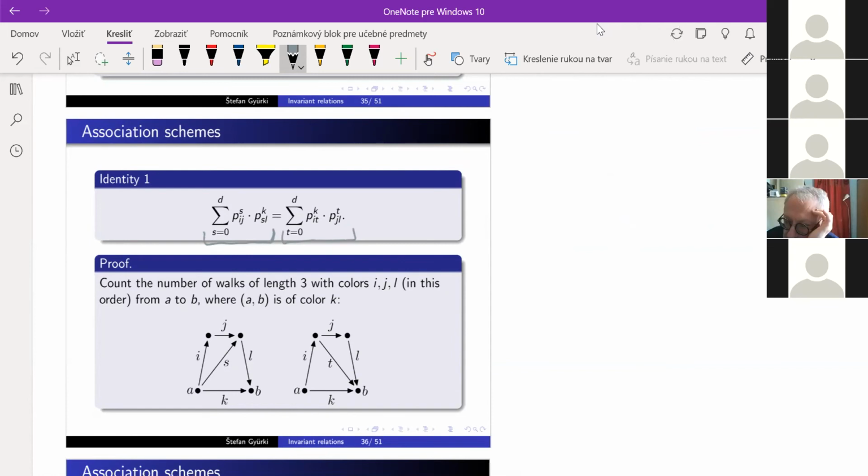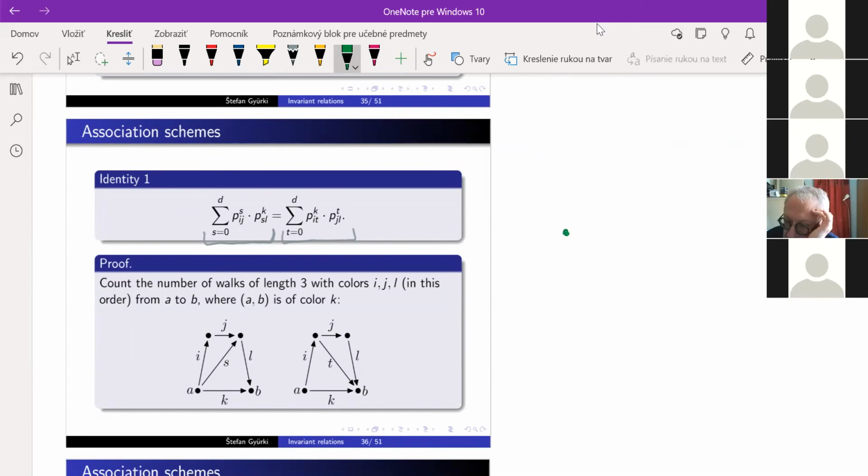How to see this? In order to see this, one has to realize that both these sums are counting the walks of length 3 between two vertices and with chosen colors I, J, L.